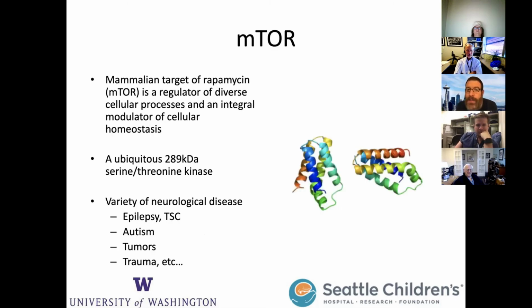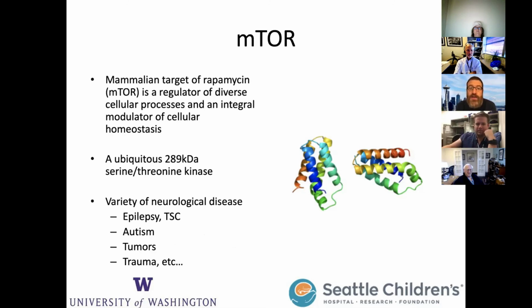mTOR stands for mammalian target of rapamycin. It exists in every cell in the body. It is a regulator of a variety of cellular processes, and it's integral, and it modulates mainly cellular homeostasis, but a lot of other things too. It's a relatively small protein.